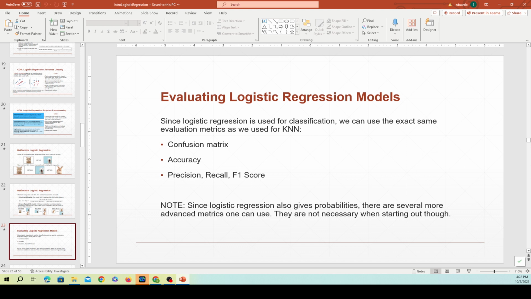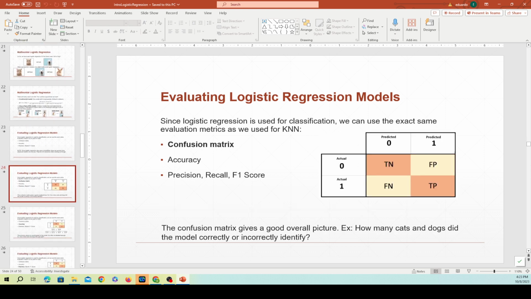Usually we use the probability in the logistic regression to determine what class it belongs to. Again, the confusion matrix is a 2-dimensional square, 2x2, where we have the predicted values and the actual values.